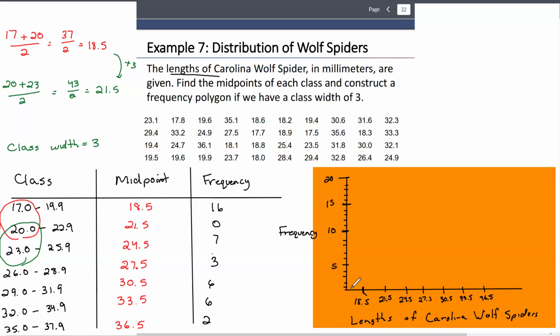I was just going to make dots. So we said treat that as an ordered pair. So I want to go to 18.5 up to 16, make a point. Then we're going to do 21.5 and 0. So that point would be here. 24.5 and 7.